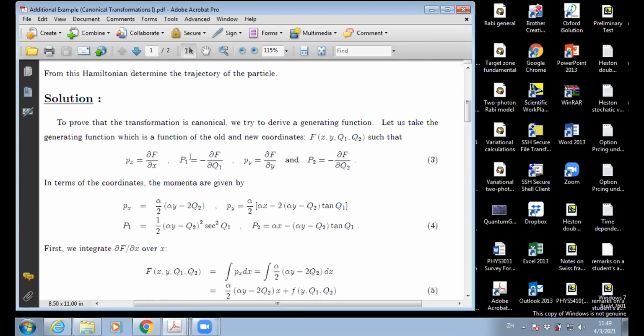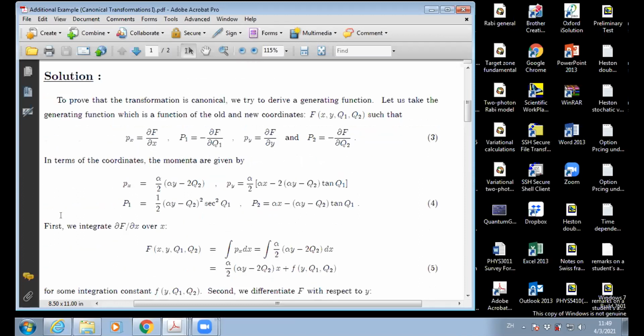Capital P1 is equal to minus ∂F/∂Q1. Small py is equal to ∂F/∂y, and capital P2 is equal to minus ∂F/∂Q2. Now, in terms of the coordinates, all the momenta are given by these expressions in equation 4.